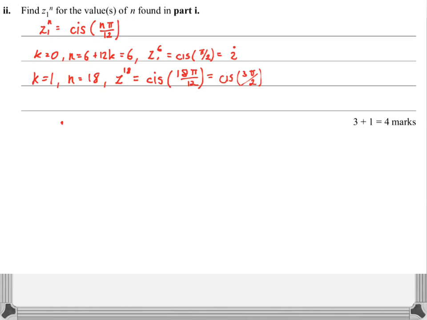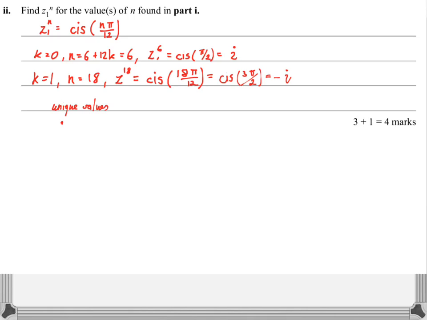Cos of 3 pi on 2 is 0. Sine of 3 pi on 2 is negative 1. So we're going to get a negative i value. We need to be able to calculate that really quickly. If you're unsure about your cos and sine values of angles, do it on the CAS and then record your result.